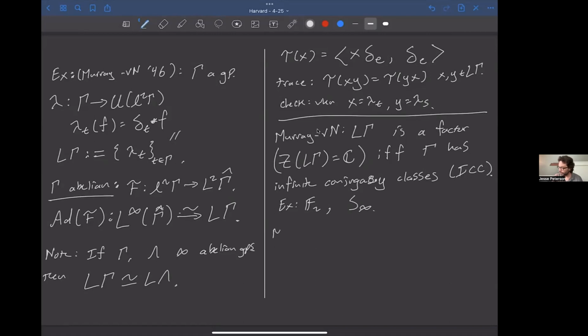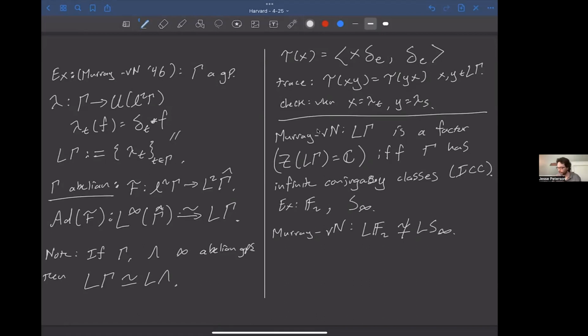And Murray and von Neumann showed, in fact, that these two von Neumann algebras are not isomorphic. And this was the first example where we have infinite dimensional tracial factors which are non-isomorphic.